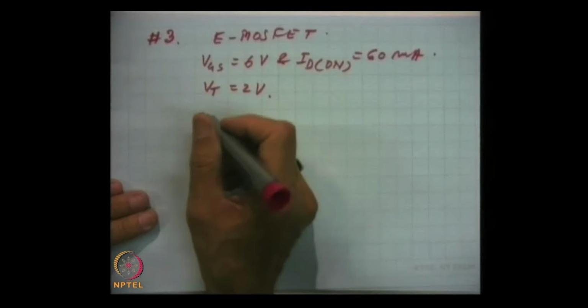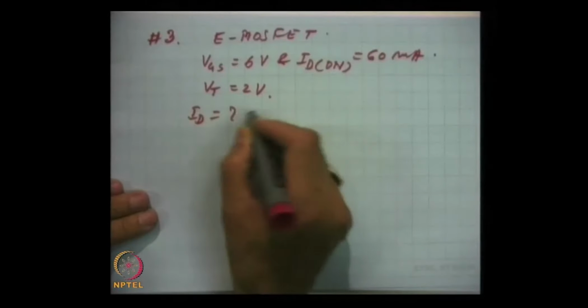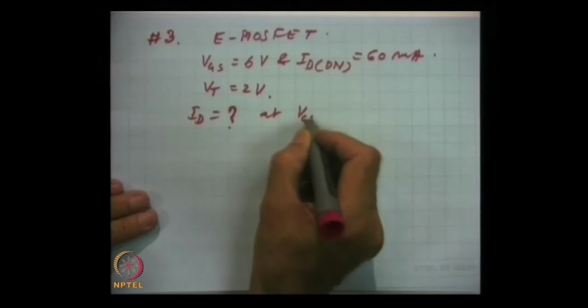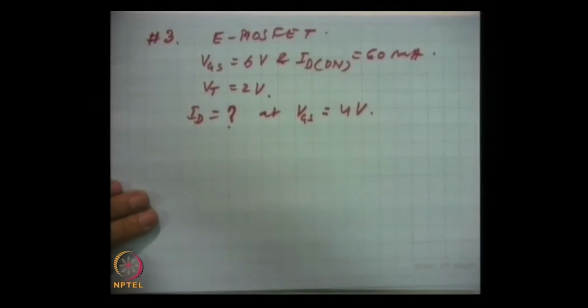Determine the drain current. Drain current we have to find out at VGS equal to 4 volts.